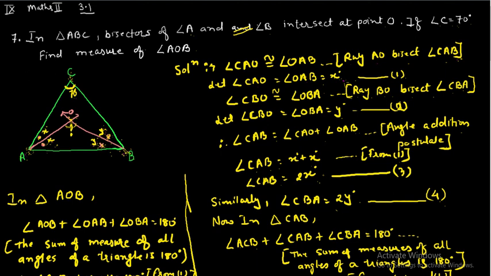So because of that, angle CAO is congruent to angle OAB, because the ray has bisected it. And we consider it as x. So we take let angle CAO is equal to angle OAB is of x degree, consider as 1. Likewise angle CBO is congruent to angle OBA because ray BO bisects angle CBA, and we will assume both these angles are of y degree. So we give it number 2.